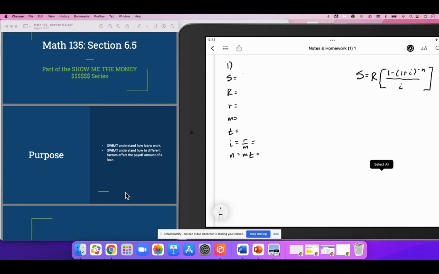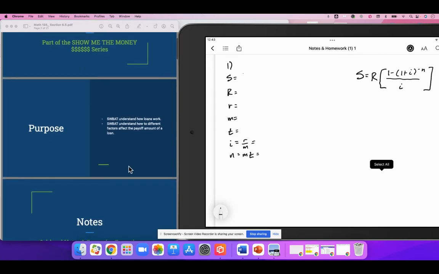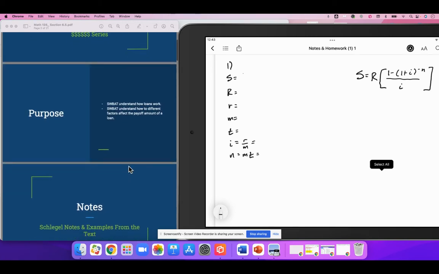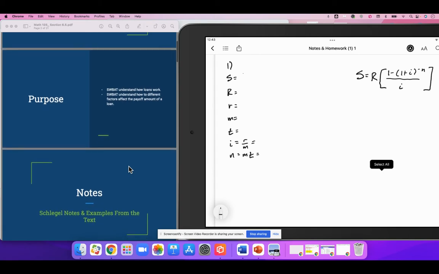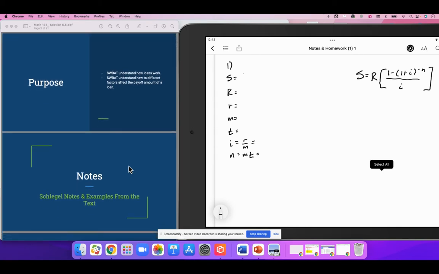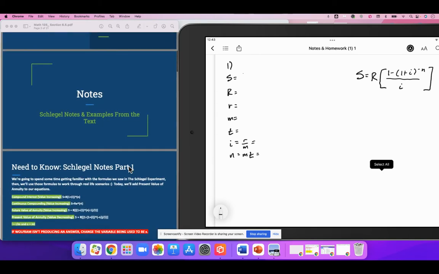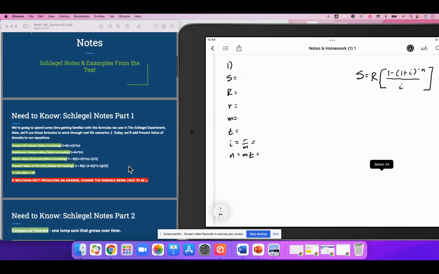Like I was going to be paying back $180,000 in interest on my house. So for the person who's borrowing the money, it's kind of a sad day. But for the person who's loaning the money, it's a very happy day because you're making a ton of cash. So we're going to understand how loans work, and we will understand how different factors affect the payoff amount of a loan. So here are my notes and examples, everyone.